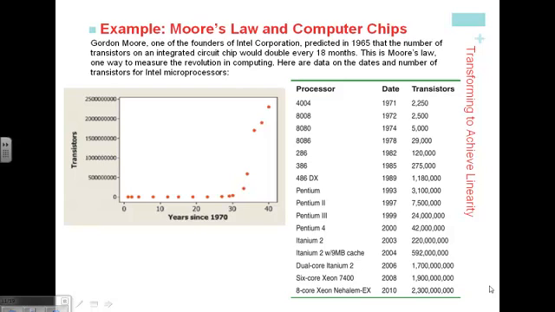That was his conjecture in 1965. We have data from 1971 to 2010 having to do with the number of transistors on a CPU.